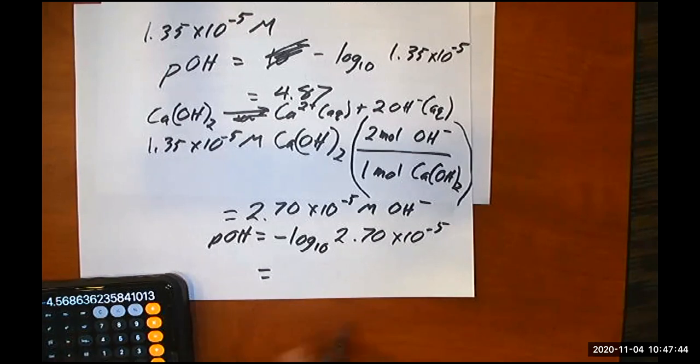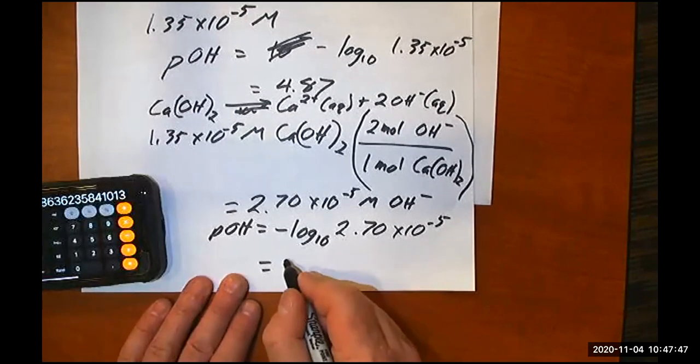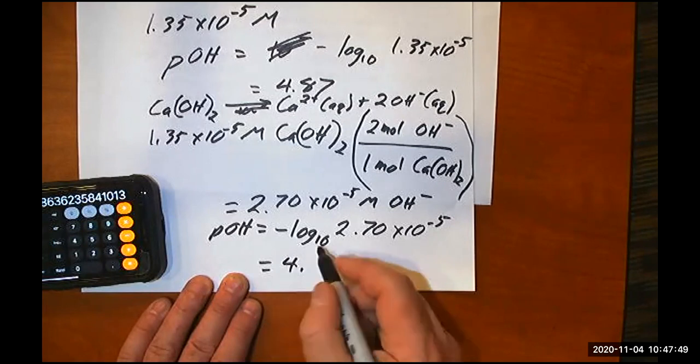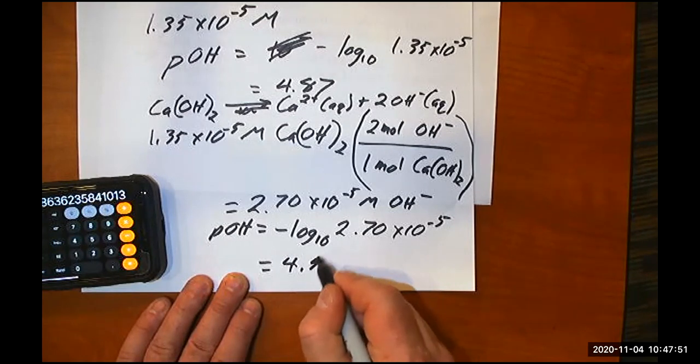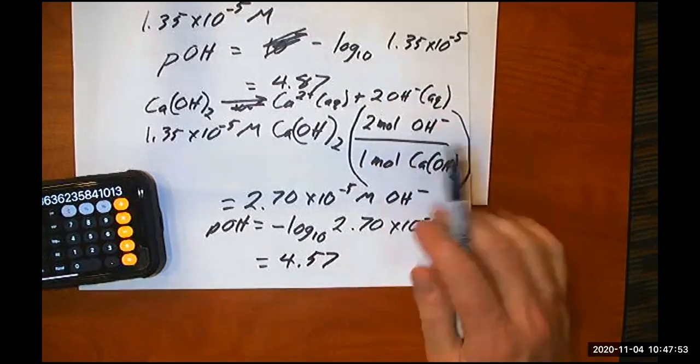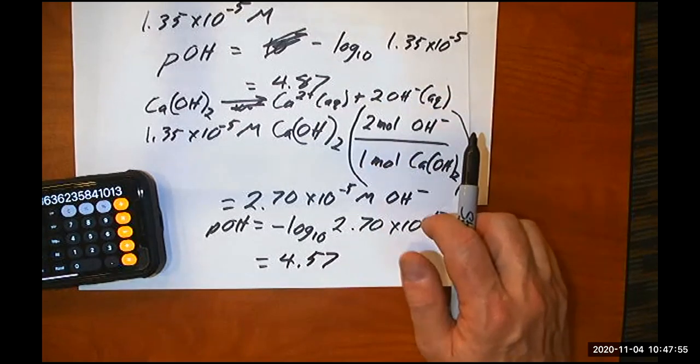Take the log base 10 of that, and we find our pOH is 4.57 rather than 4.87. Okay.